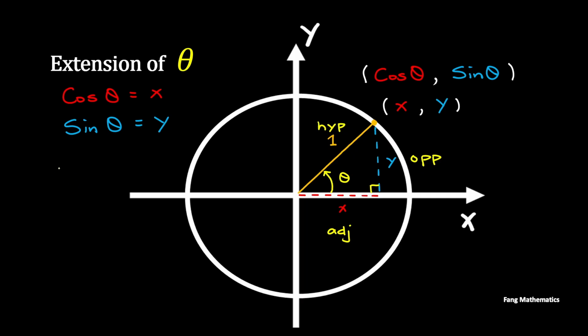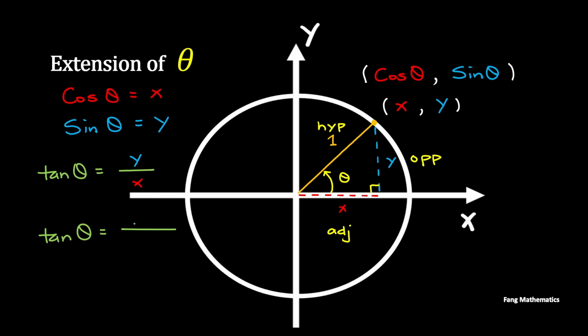Moving on, let's talk about tan theta. Tan theta should equal opposite over adjacent. The opposite is y, and the adjacent is x.